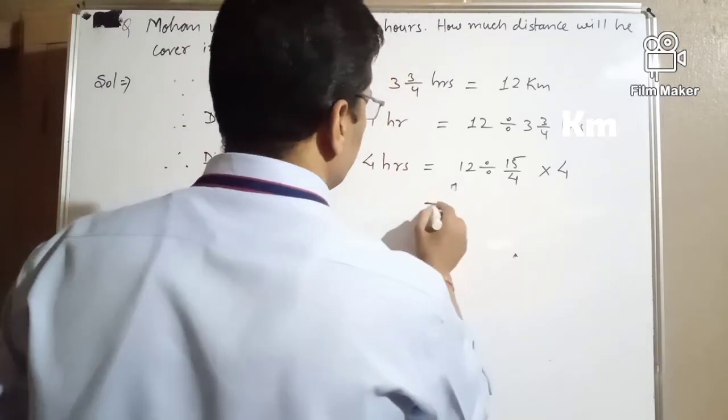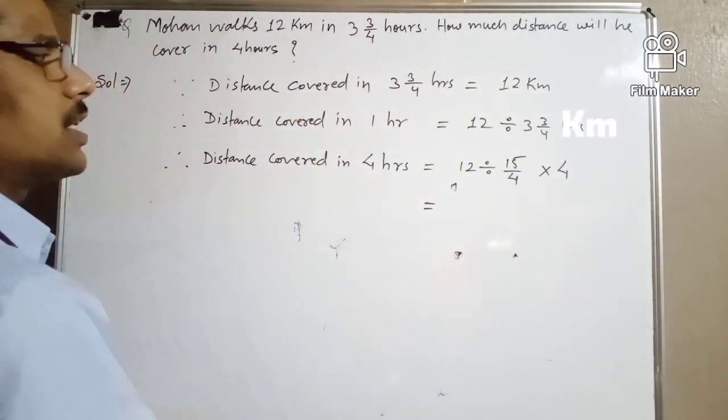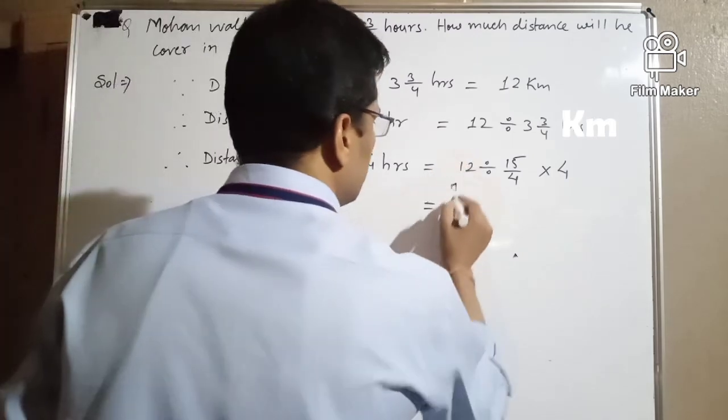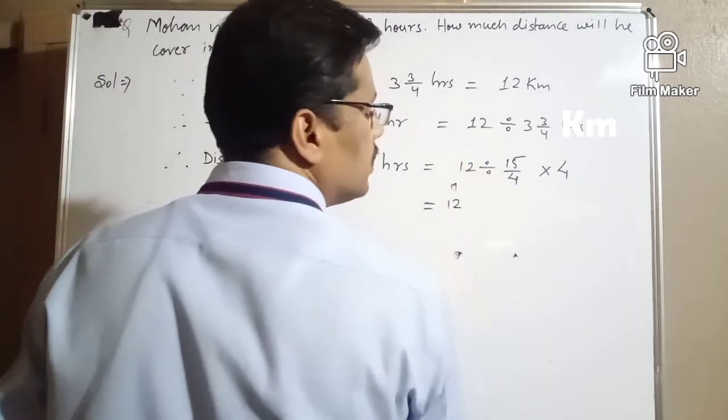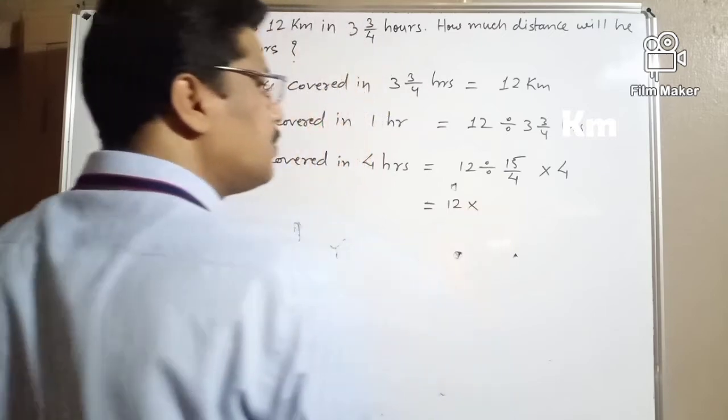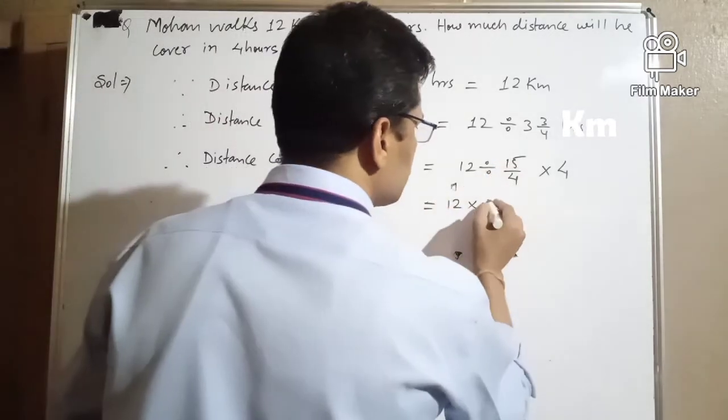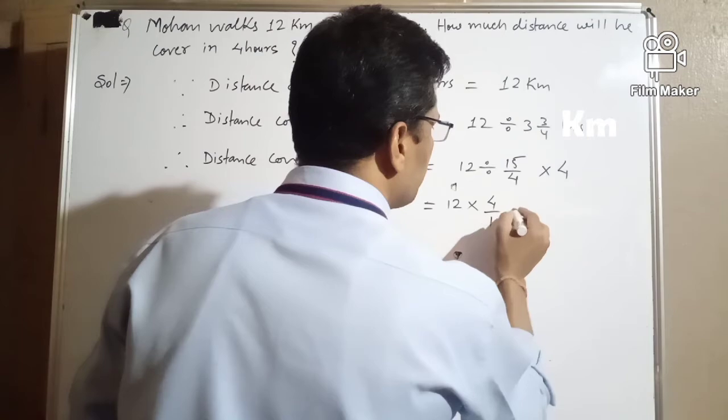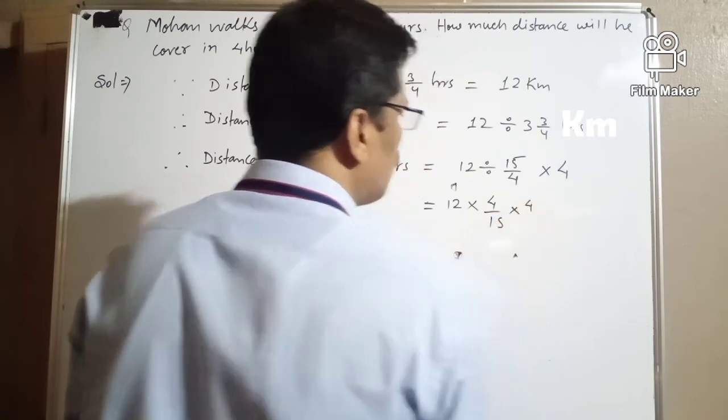So here in place of division sign, we can put multiplication by using the reciprocal property. So we can write here 12. Division sign can be converted into multiplication. So 15/4 becomes 4/15 into 4.